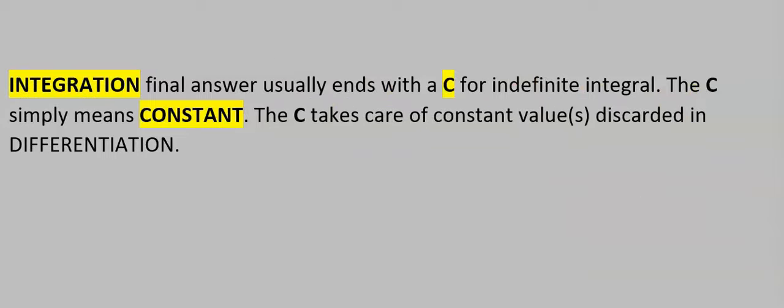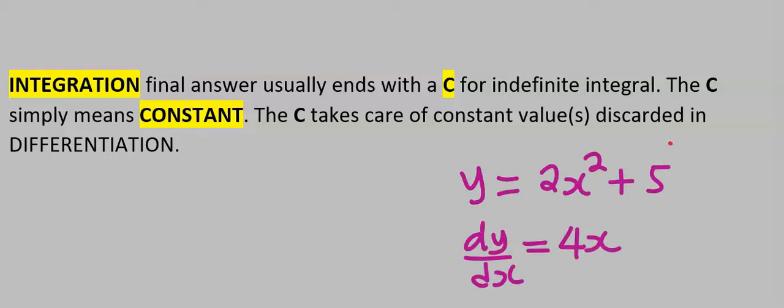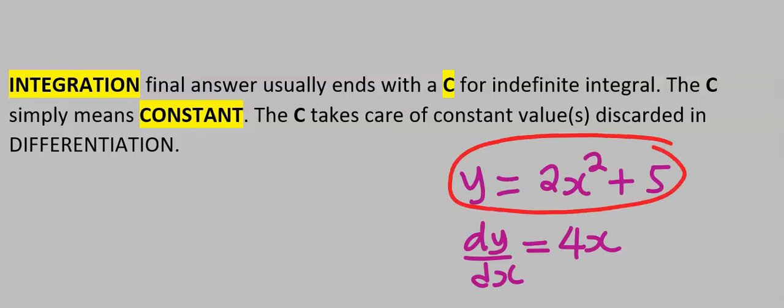Next, the final answer in integration usually ends with a letter C, which simply means constant. The C takes care of constants that were discarded in differentiation. For example, in the differentiation of this function, you can see that 5 was discarded because there was no x attached to it.